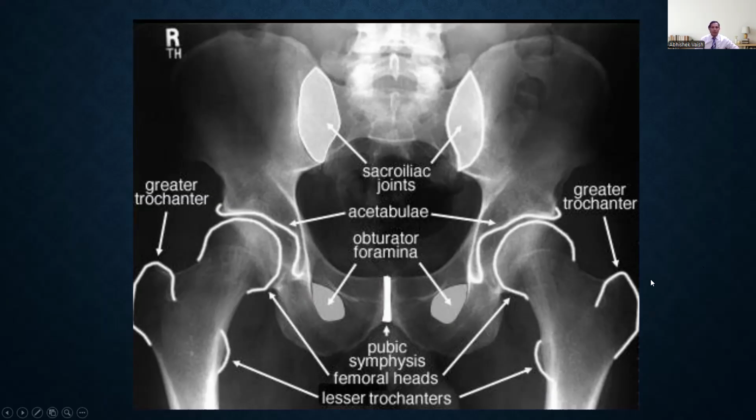You don't see the proper profile of the trochanter. You should be able to see the obturator foramen, the pubic symphysis, the sacroiliac joints, the acetabulum, and the anterior and the posterior column. You should be able to see everything and a little bit of spine. So this is a normal X-ray of the pelvis, AP view.